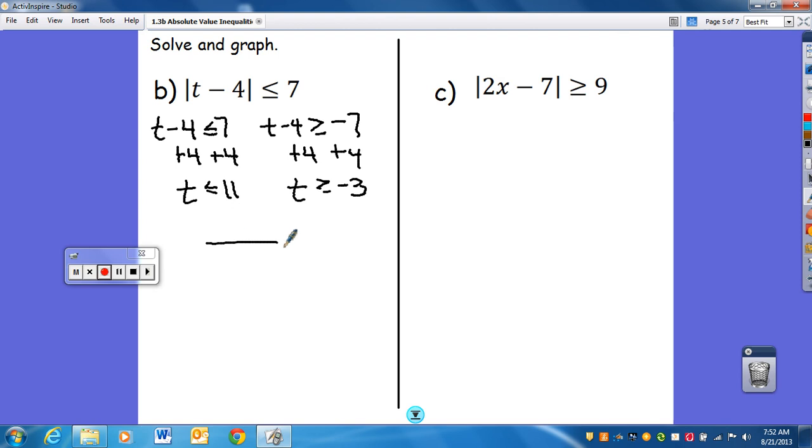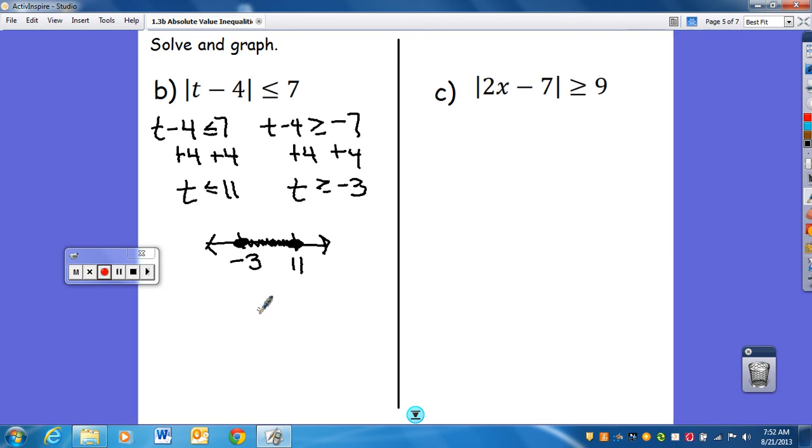So we're going to graph our absolute value inequality, putting our tick marks at -3 and +11. We have a closed circle at -3, and it says T is greater than that, so we shade to the right. And on the 11, we have our closed circle, and we're going to shade to the left because it's less than.